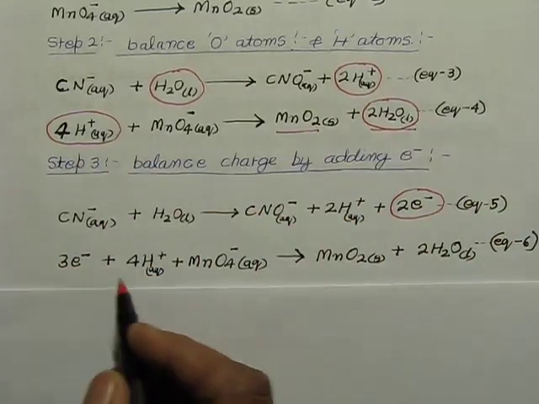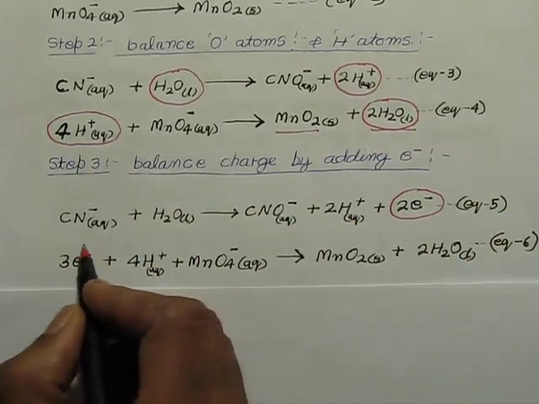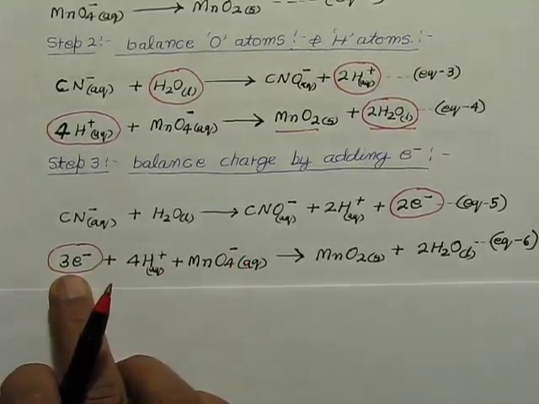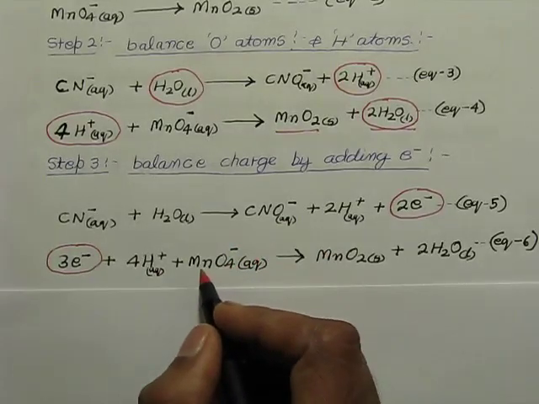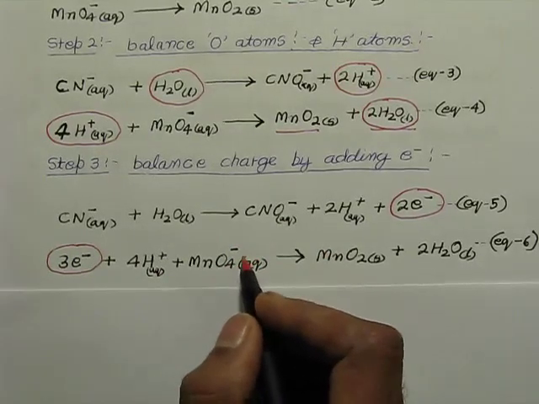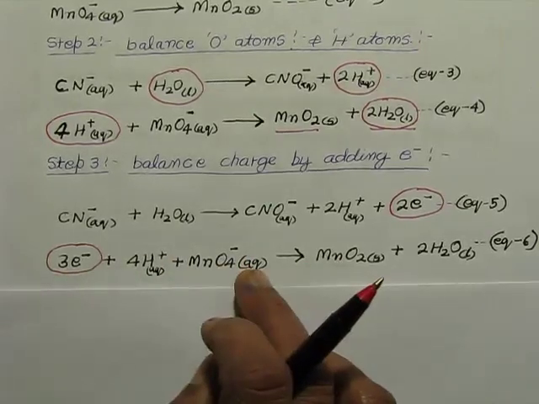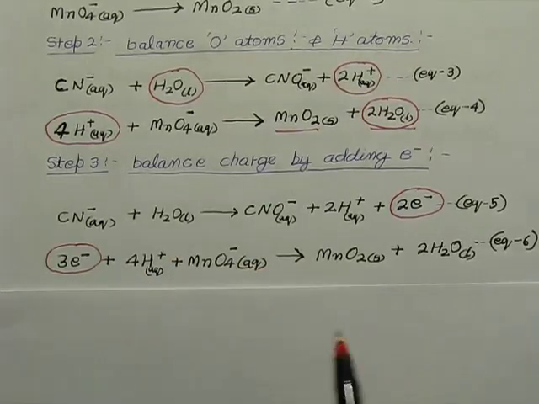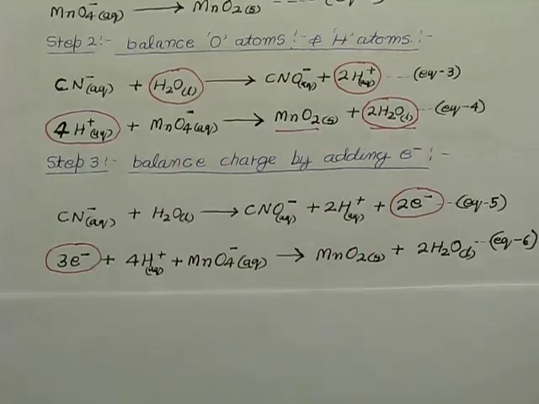So what we have to do is add 3 extra electrons, then the total negative charge will be 4, due to 1 from MnO4⁻ and 3 electrons, so total 4 negative and total 4 positive. So now we have balanced oxygen and the charges are balanced with electrons.